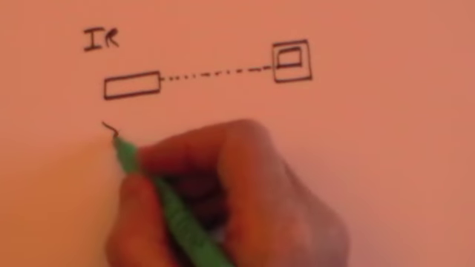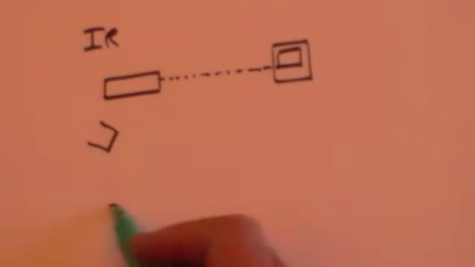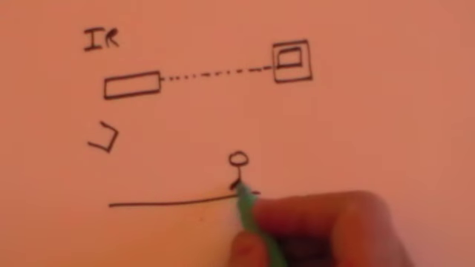So infrared is very popular for television remote controls. Infrared is also used as a security device. You have an infrared detector. When it's dark, you can't see any visible light, but of course if anybody comes close, that body will have body heat.